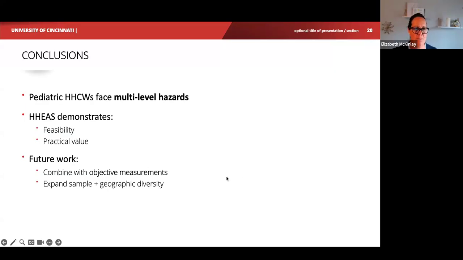So our conclusion is that pediatric home healthcare workers face a multitude of hazards, and the home healthcare environmental assessment survey adds practical value, and we can use it. In our future work, we want to combine objective measures.